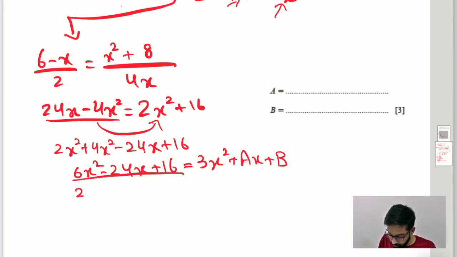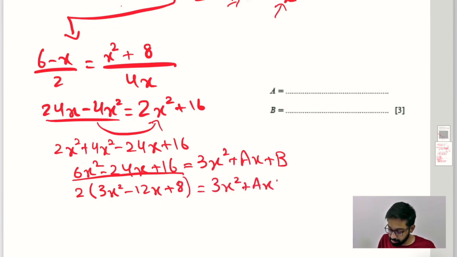So you write 2 and then you write everything inside it after factorizing it. So you write 3x squared, then negative 12x, then plus 8, equal to 3x squared plus ax plus b. Now this equation looks similar to this equation, so let's equate a and b.